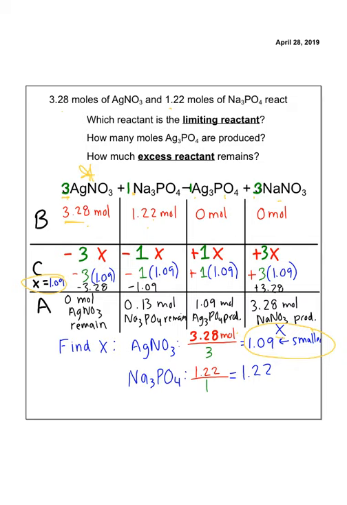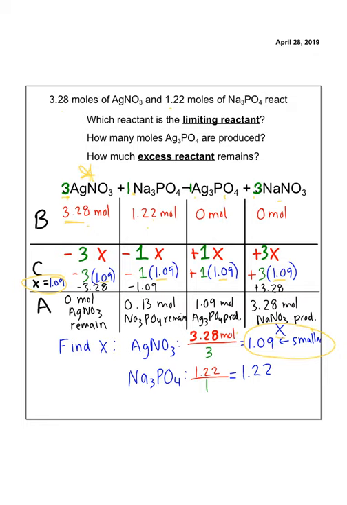Okay, so we're going to plug that 1.09 in, and you can see I kind of solve these when you multiply. And then the very last step is we take the before, 3.28 minus 3.28. We get no moles of AgNO3 left over, which is the sign of the limiting. We get 1.22 minus 1.09, so we get 0.13 moles. And then we do the same for the product side.